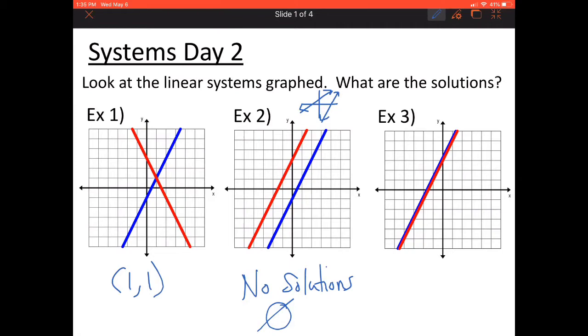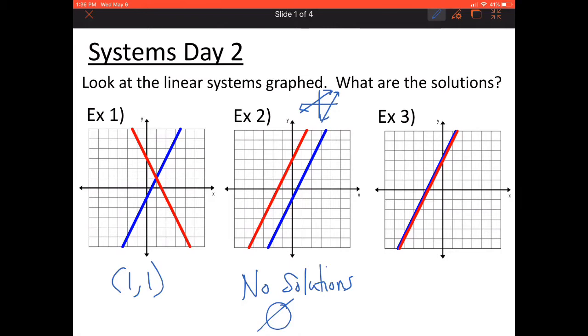So if that happens on a problem that you are working on in an assignment, I've tried to make sure that they intersected on the graph that it provided or on a small enough graph. So if you see that happen, check your graph, check your slopes. It's possible that maybe one of your lines is going the wrong direction. So that would have a solution, you just can't see it. But in example 2 here, no solution because they would never intersect because they're parallel.